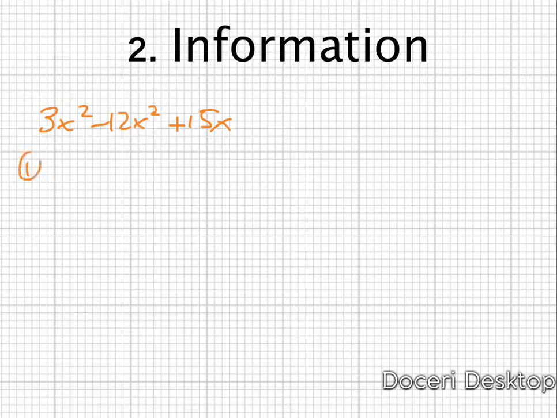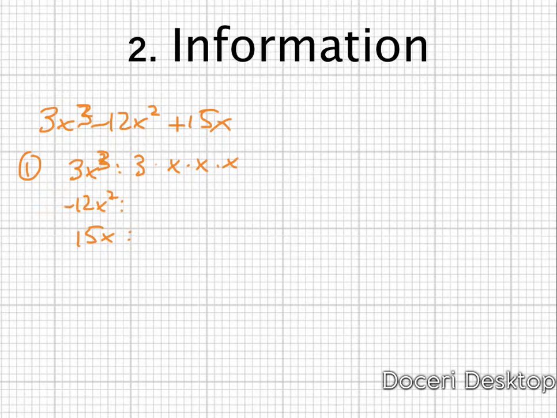So first I'm going to find my common factor. I look at 3x cubed, negative 12x squared, and 15x. Oops, this should be 3x cubed, I'm sorry. So 3x cubed is 3 times x times x times x.